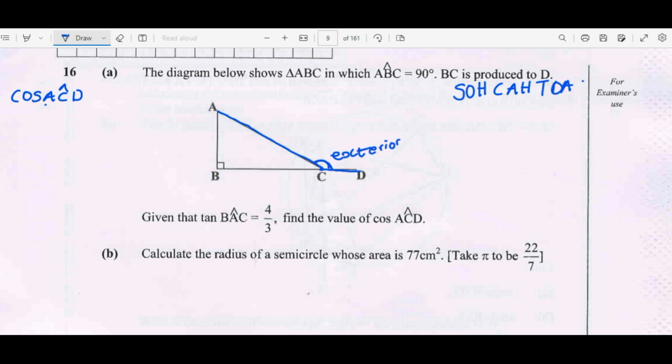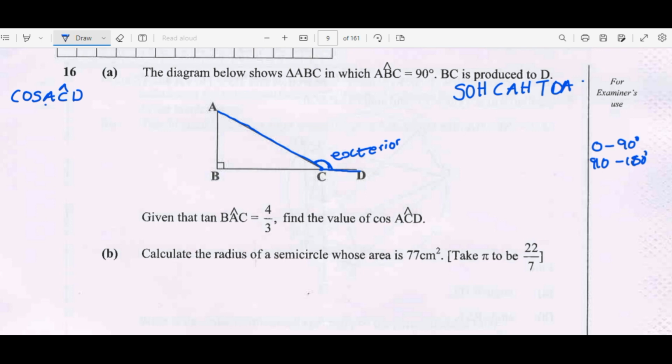Now, if you look at this exterior angle, by the size we can tell that we are looking for an angle from the second quadrant. So the first quadrant runs from 0 up to 90. Then the second quadrant starts from 91 up to 180.